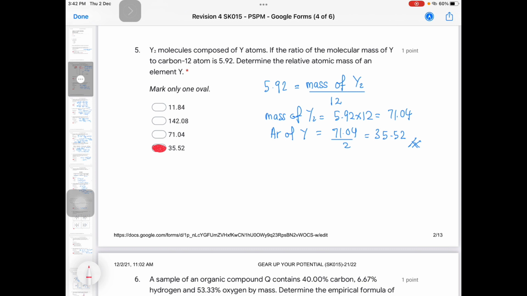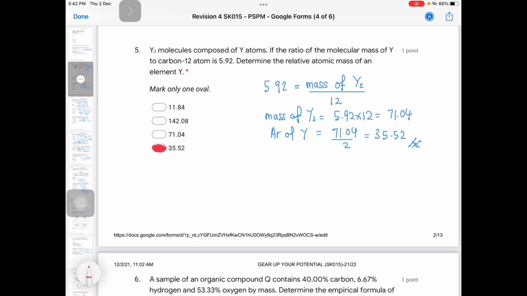Okay, Y2 molecules composed of Y atoms. If the ratio of the molecular mass of Y to carbon is 5.92, determine the relative atomic mass of an element Y. Jadi relative atomic mass dia, ini adalah untuk atom. So dia bagi dekat sini, ratio molecular mass kepada carbon 12, 5.92.